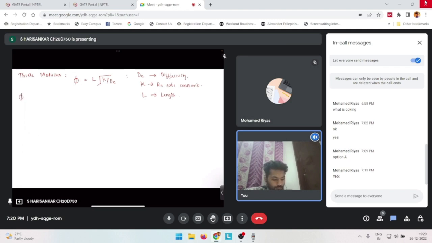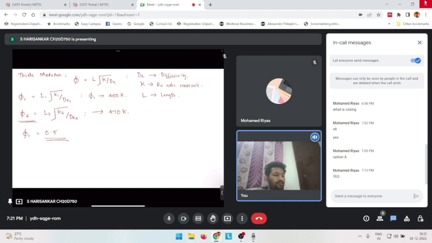So phi 1 will be L1 root of K1 by dE1, and this phi 1 is the case 1 at 450 Kelvin, and phi 2 will be L2 root of K2 by dE2, and this will be for 470 Kelvin. So in the question they have given that phi 1 at 450 Kelvin is 0.5. So using these we need to find phi 2 at 470 Kelvin.